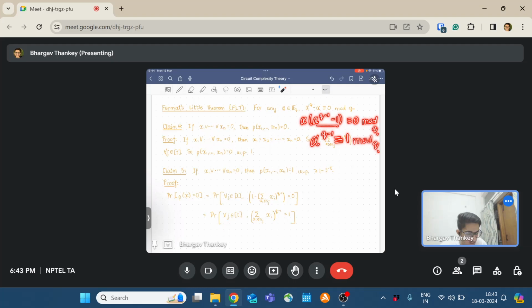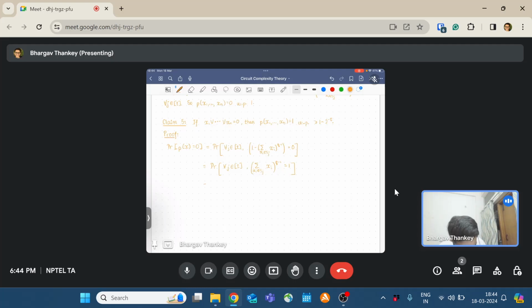So this tells us that this can't be 0, because if this sum were 0, then to the power q minus 1, it would still be 0. And since this is 1, this tells us that the sum is non-zero. So we get that probability. By the way, over here I'm using FLT.